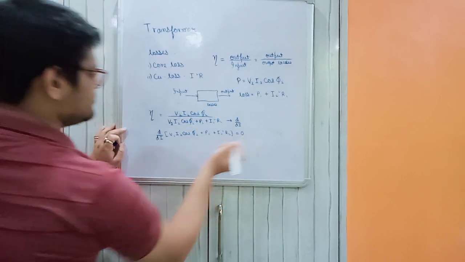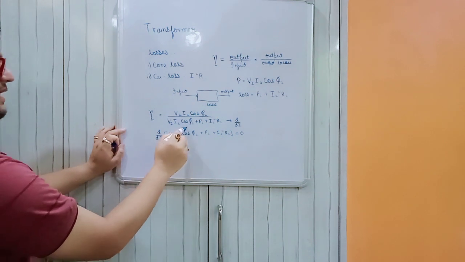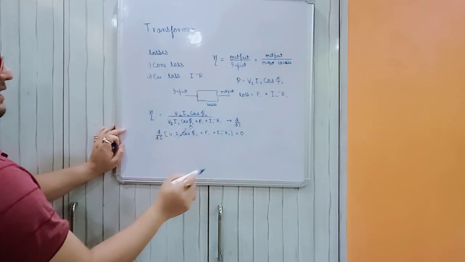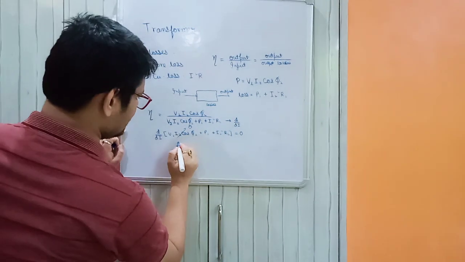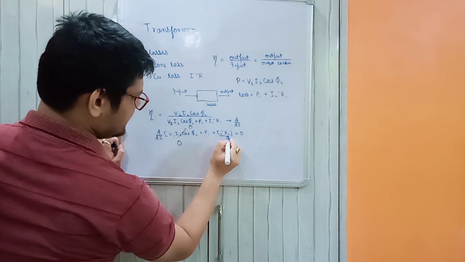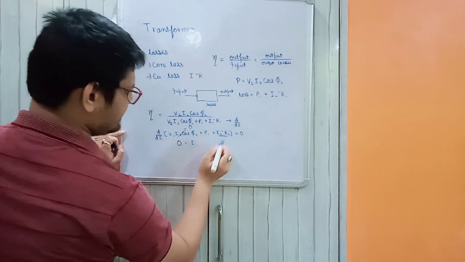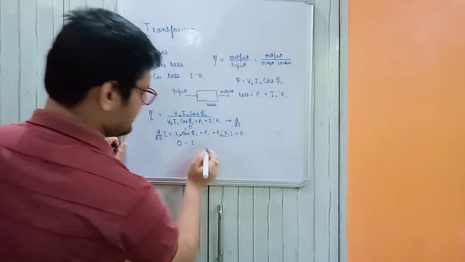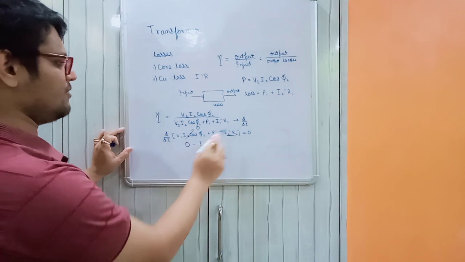Now if we differentiate this with respect to I, this term will turn into 0, and we differentiate the rest. So what will be the answer if we differentiate d by di into R2?